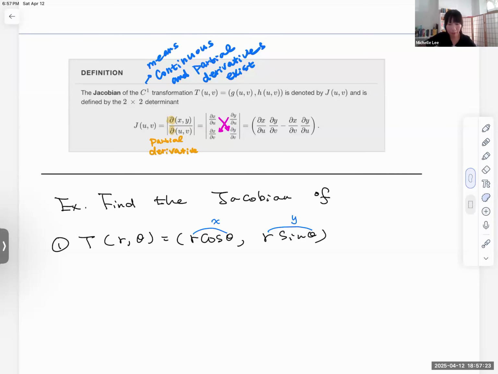Okay, now we have another definition, the Jacobian. Of the C, we have a notation 1, right? This C means the first letter from continuous.